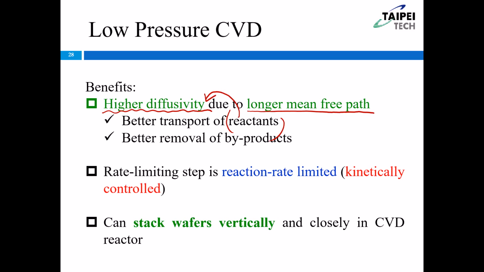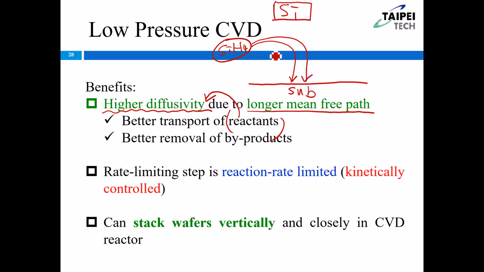Right now the substrate is a silicon substrate, and the target thin film is also silicon. So the precursor is silane. Because we don't have air, the silane is very, very easy to transport to the silicon substrate.